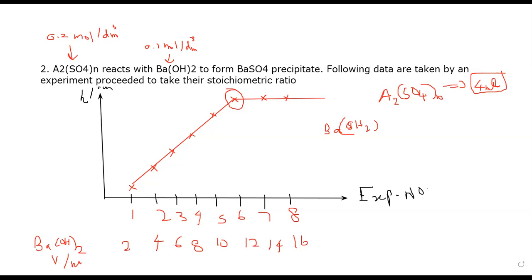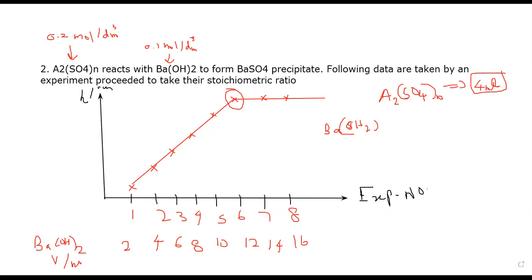Balance the reaction using N. Question number 2.